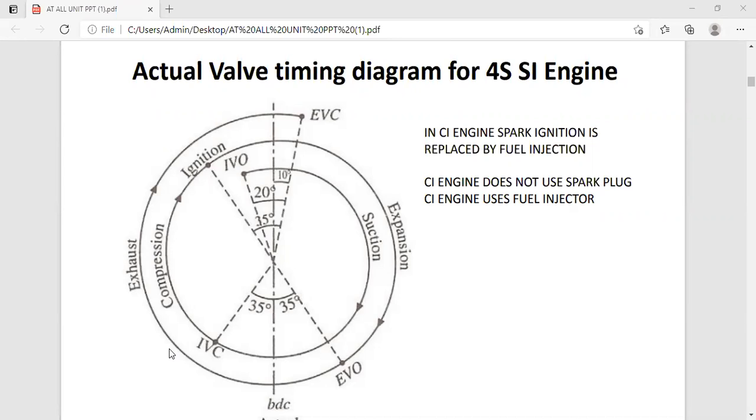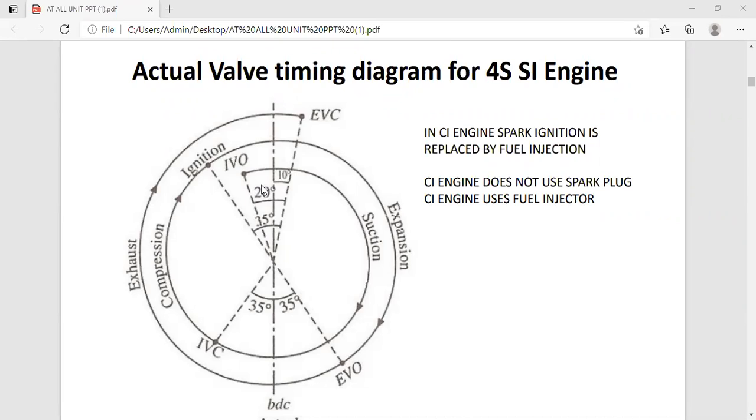To take advantage of this, the inlet valve is kept open for a few degrees after BDC, and it opens 20° before TDC.